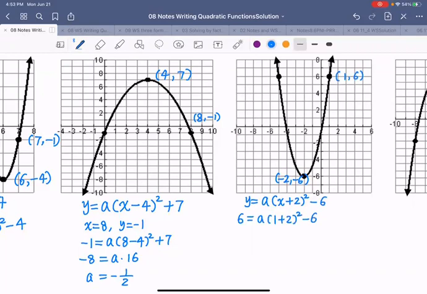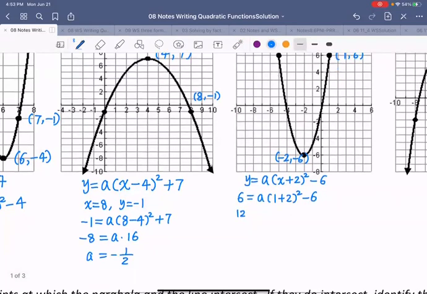So next step, you can add 6 to both sides. Yeah. So this becomes 12. Good. 12 equals a (1 plus 2) squared. 1 plus 2 equals 3 squared. 3 squared equals 9.